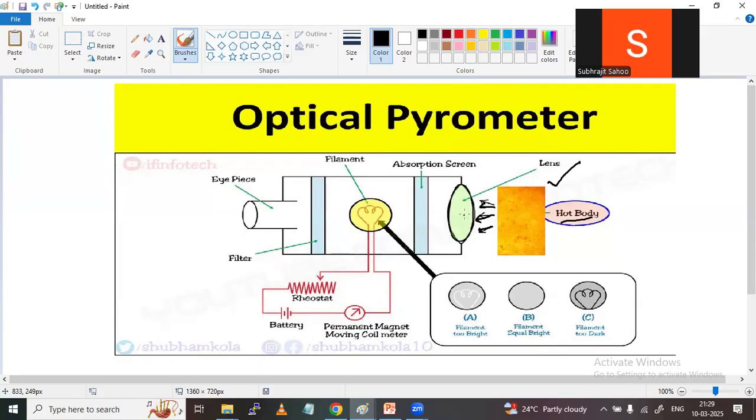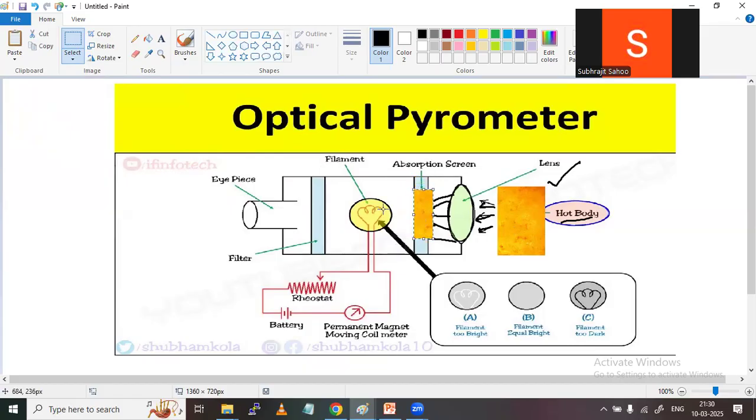Now this is the lens, which we use to concentrate all the light on this observation screen. All the light will be focused on this observation screen.